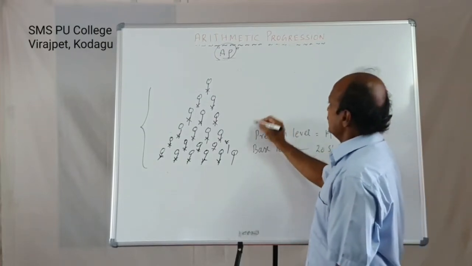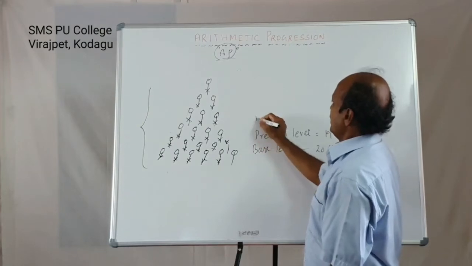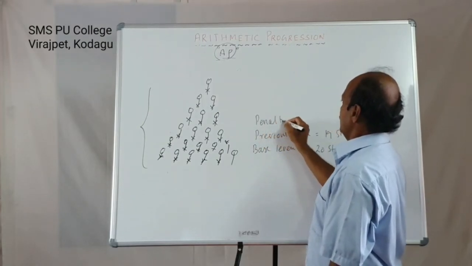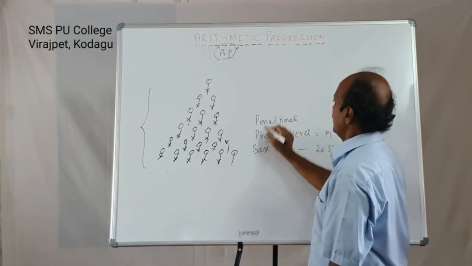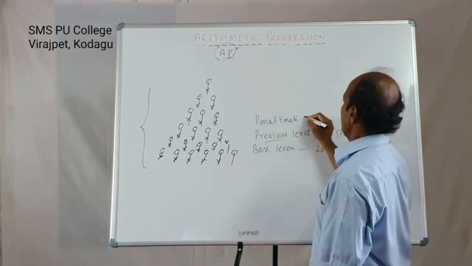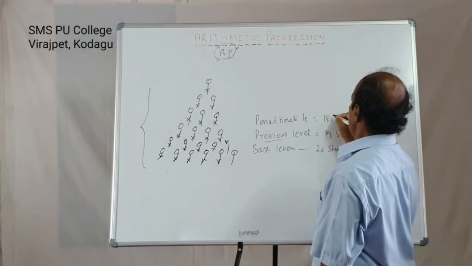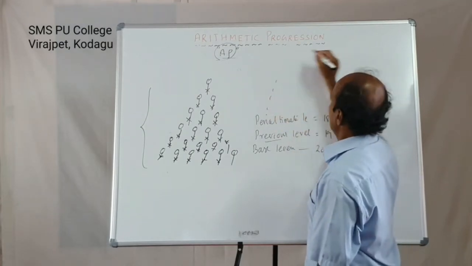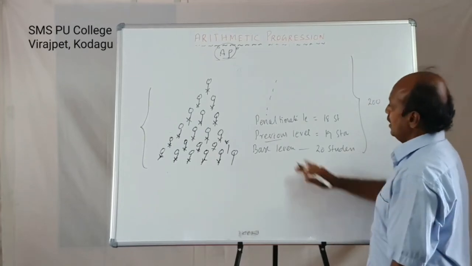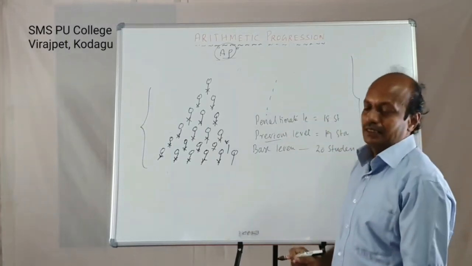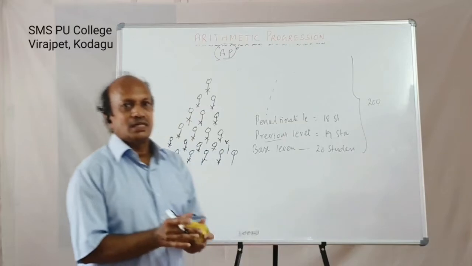And the next, that is the penultimate level, which is called last but one, there are 18 students, and so on. If there are totally 200 students standing, then how many rows are required? See the question, how many rows are required?